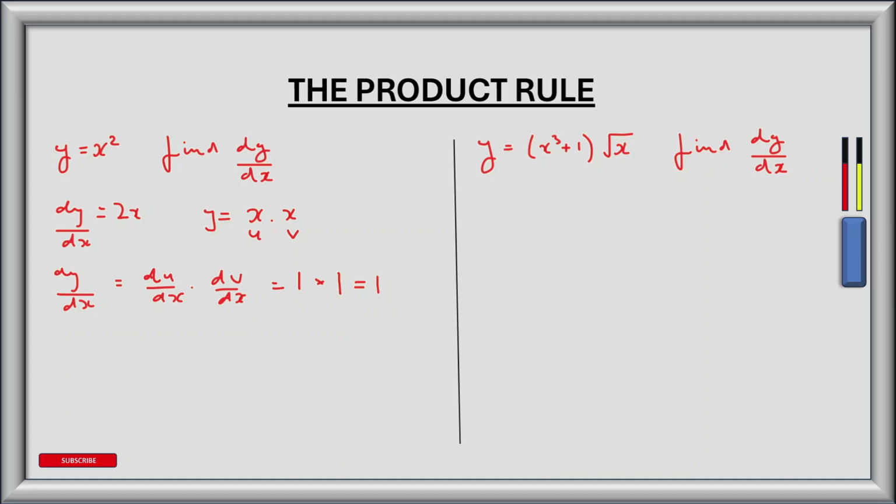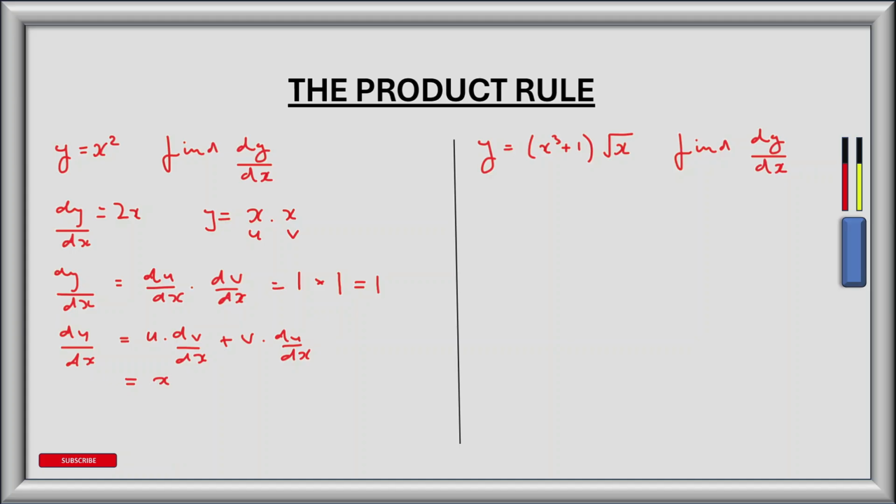So this is where the product rule comes in. Now the product rule says dy by dx is equal to u times dv by dx plus v times du by dx. So let's plug our numbers in. So u is x.